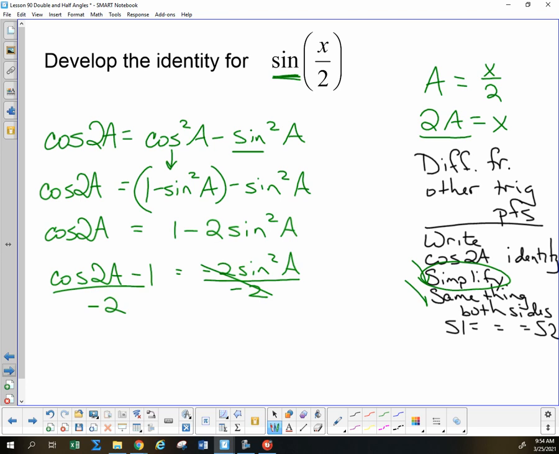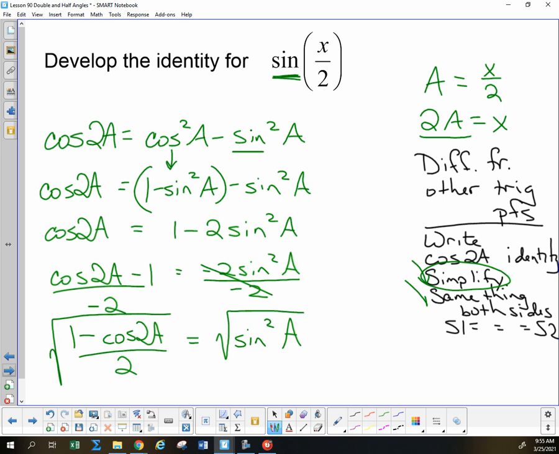But we don't really like having negative numbers in denominators, so I'm going to change this left-hand side to 1 minus the cosine of 2a over positive 2. And that is sine squared of a. So if I want just the sine of a, I've got to take square roots, which means plus or minus has to go in there.